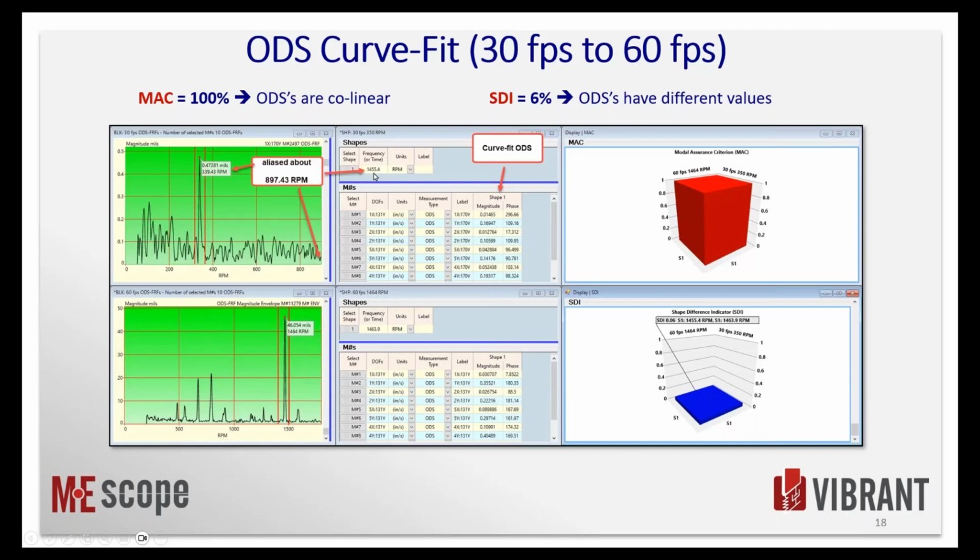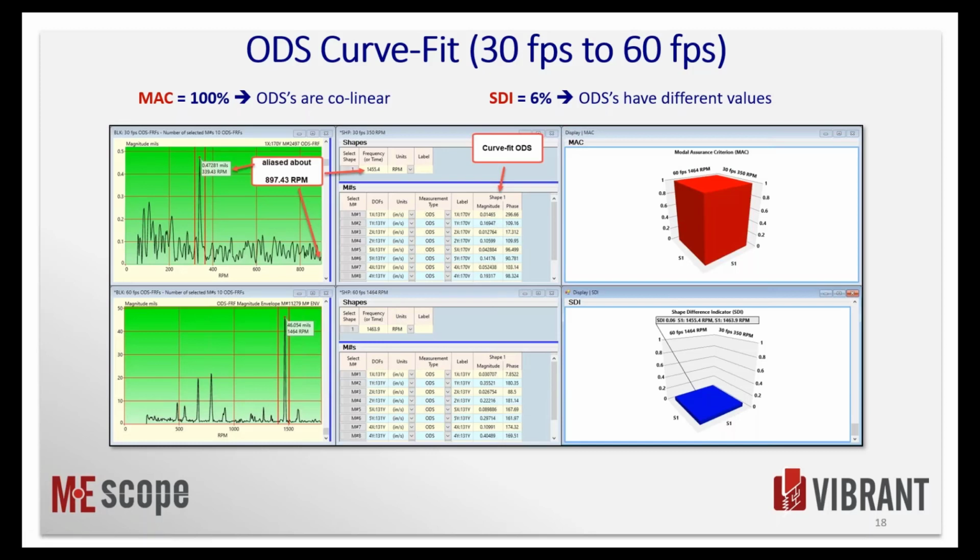And so when we do the differentiation, from mils to inches per second, we have to have the correct frequency of the shape, in this case, the order. So here we're going to have a shape, an ODS, with magnitude and phase in it.